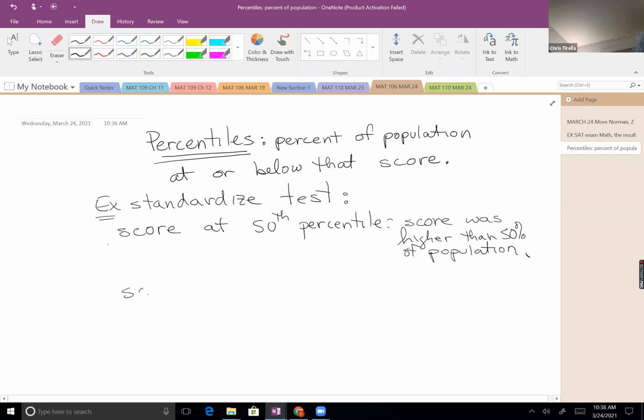So if you scored at the 50th percentile, you were right in the middle. Instead, if you scored at, let's say, the 90th percentile, that means your score was higher than 90% of the people who took it, which means you did pretty good.